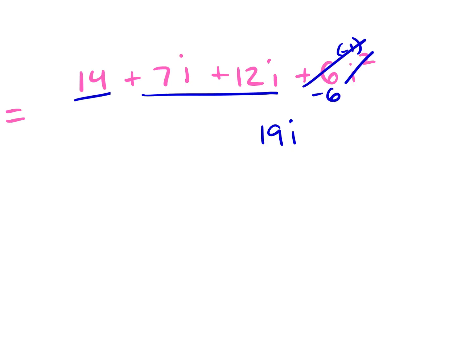So we have 14 minus 6 would be what? What's 14 minus 6? 8. Awesome. So notice how I put the 8 before the 19i, because the real part needs to go first. So always put the real number before the imaginary one. Any questions with the top part?